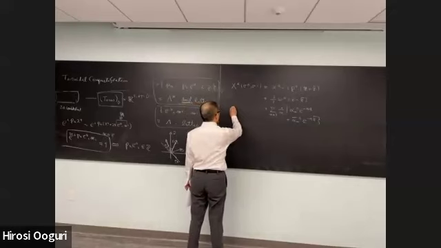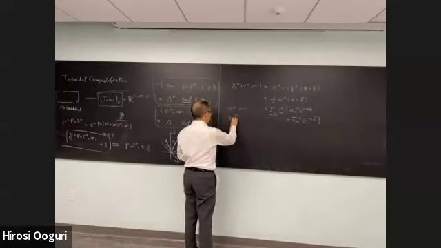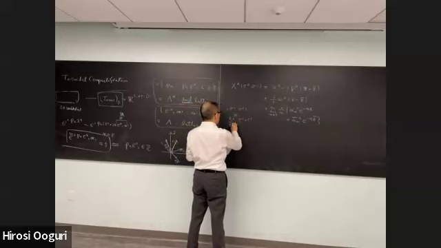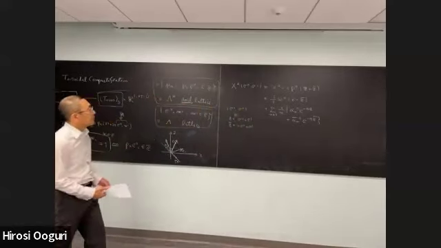Initially I had the coordinates sigma 0, sigma 1, but then I rotated so that z is equal to sigma 0 plus sigma 1, and z bar is minus sigma 0 plus sigma 1. I think this is the notation.